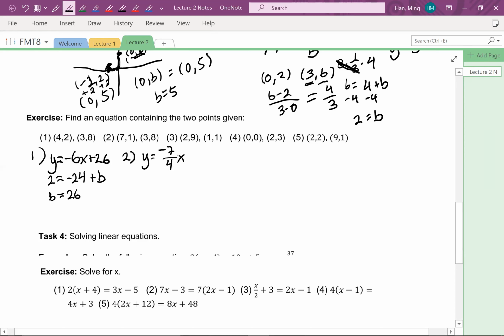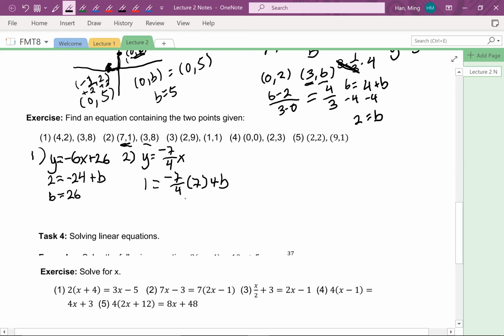Okay. Well, actually, for this one, you could solve it 2 ways by substituting in either of these coordinates. So we can try it with the first one here. We substitute in 1 for y, and that equals negative 7x over 4, and then we substitute in 7 for x, plus b.